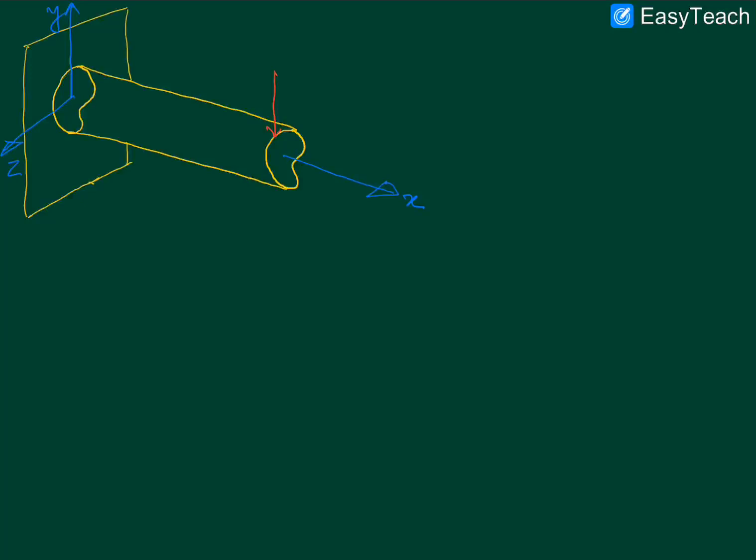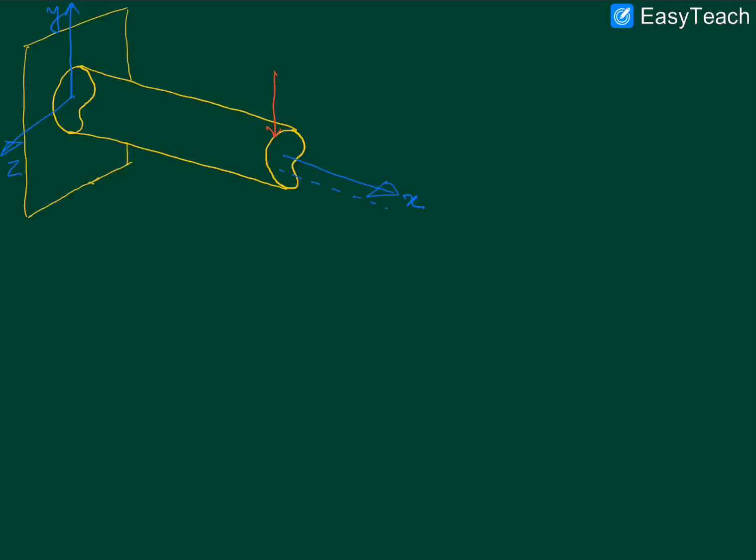Now, previously, when we were considering the circular cross section, which would be a special case of this general cross section, we were only considering the torsional moment induced by this transverse force about either this blue axis or another axis parallel to it, something like this.